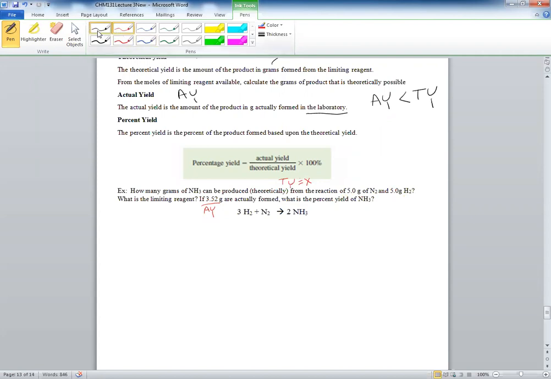Very well. So here's what you need to do. You need to take the grams of N2 all the way to the grams of NH3. That's what the question is asking. If you're given two amounts for these two reactants, 5 grams of N2 and 5 grams of H2, how much NH3 can be produced, or how many grams? And you also have to do that with 5 grams of H2.